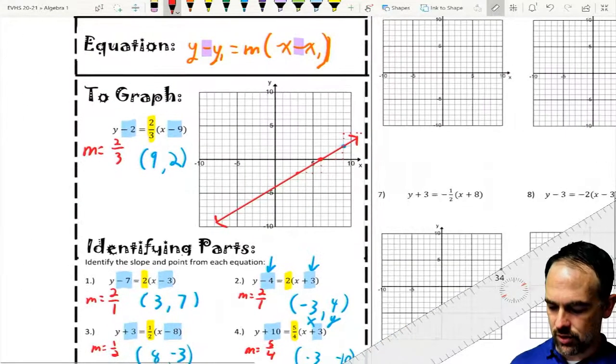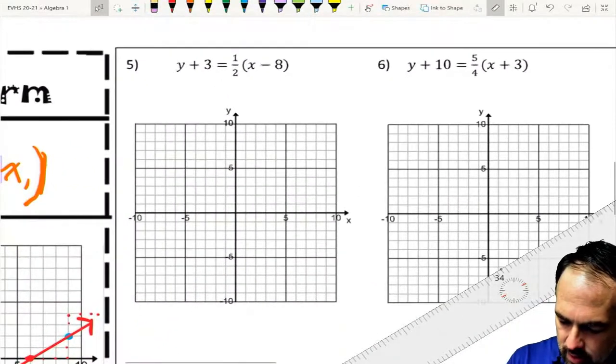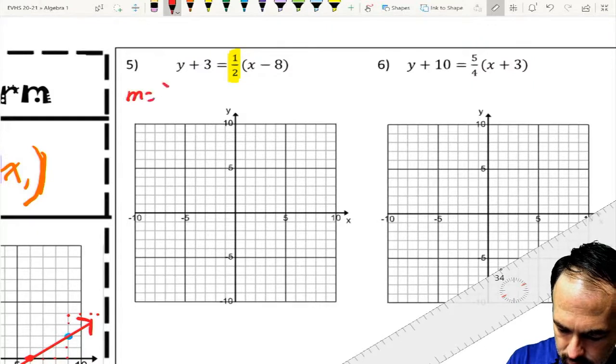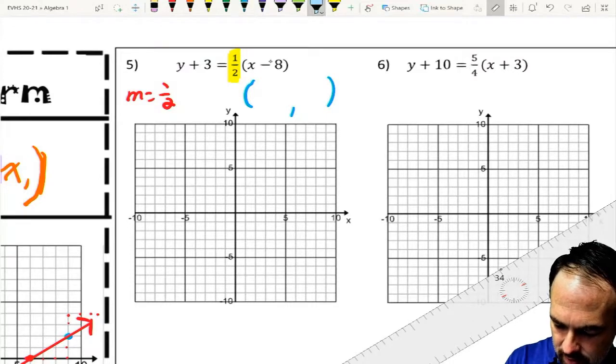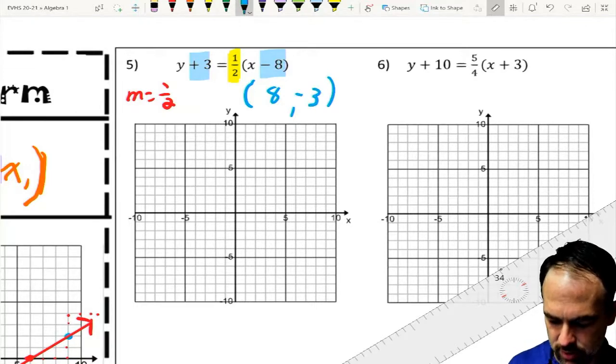All right, let's try number 5 over here and see what we can come up with. Here our slope is 1/2. And my point comes from the -8 and the 3, and it is 8, -3. Make sure you're changing those signs.